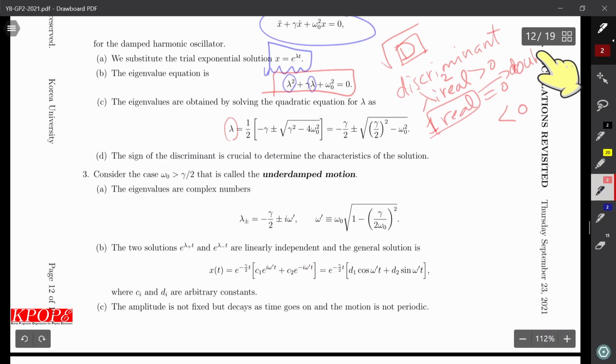And if it is negative, it becomes two complex solutions.